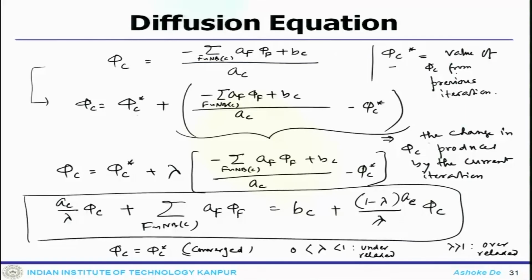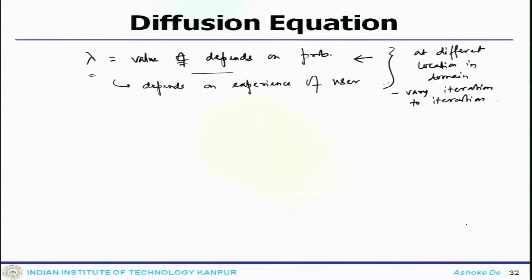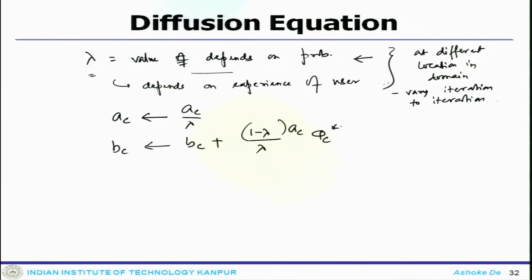Now, if we rewrite this equation in a slightly different form, we have AC by lambda, and the source term which is added as BC plus (1 minus lambda) divided by lambda, AC phi C star.